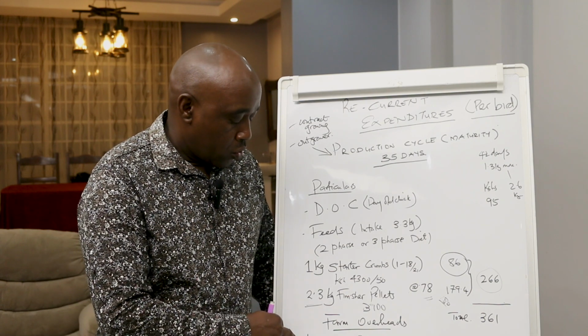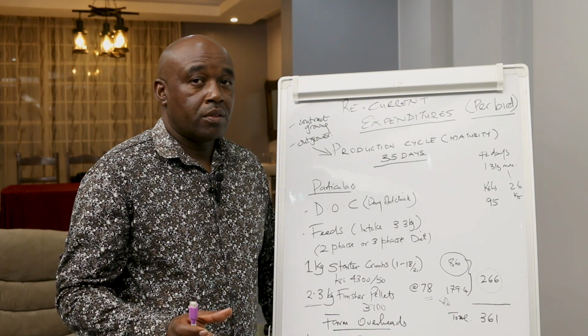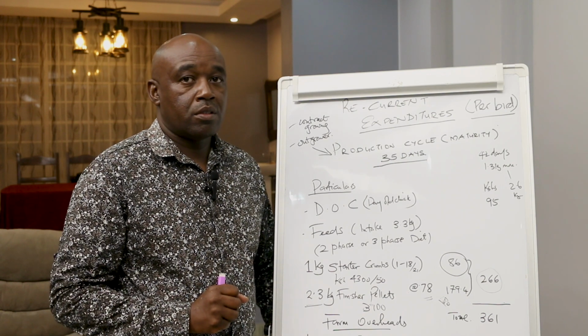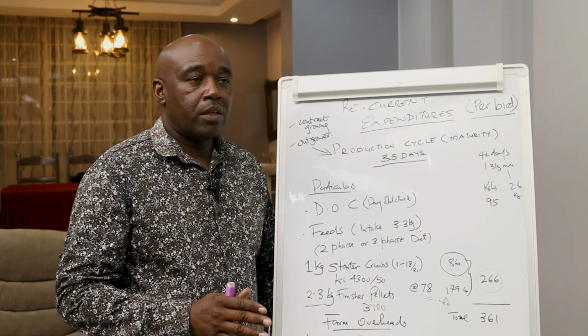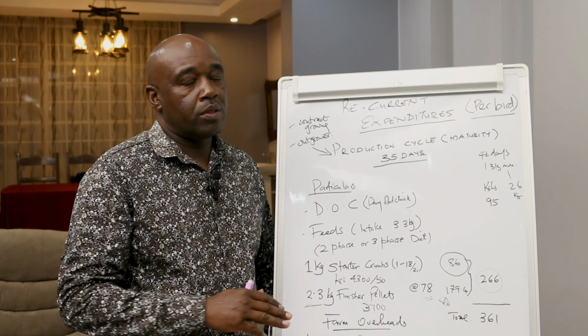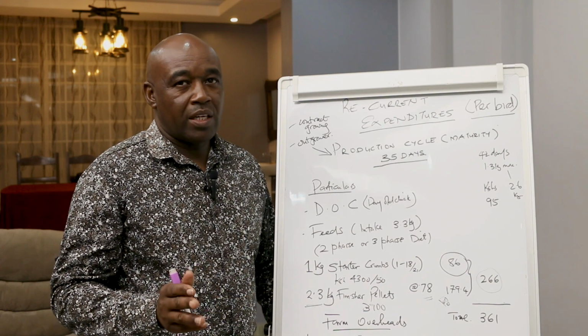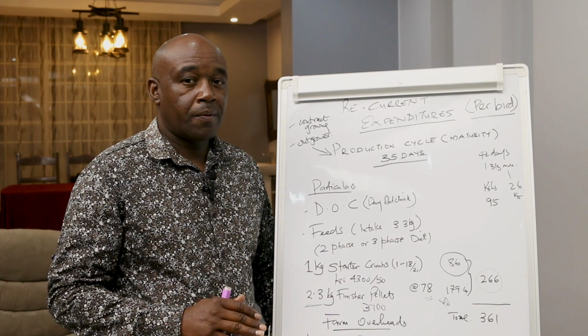So the brooding costs may form the bulk of the costs in the farm overheads. That means if you're brooding a day-old chick from day 1 to day 18 or day 21, you're looking at spending about 7 to 10 shillings per bird.